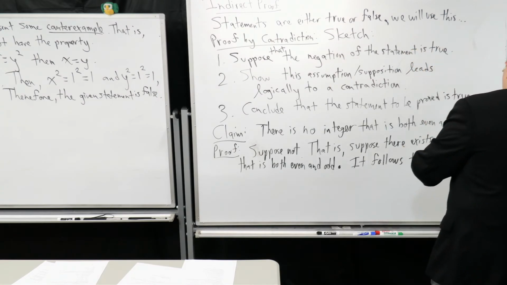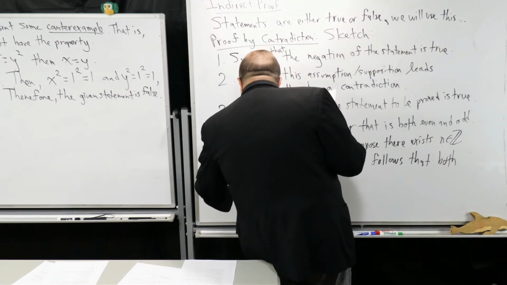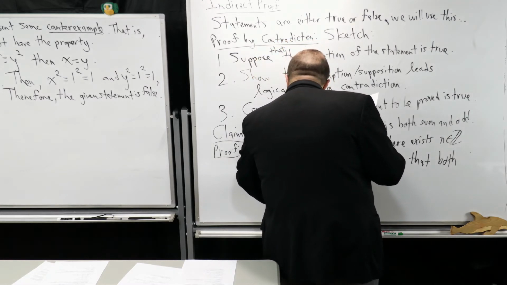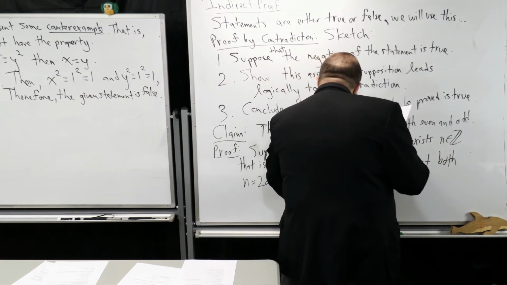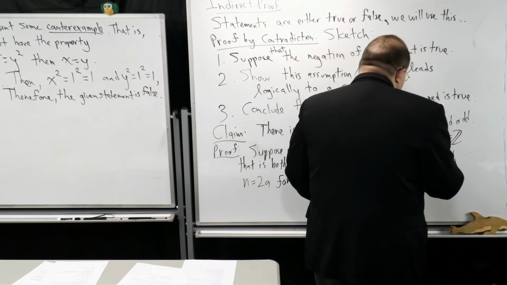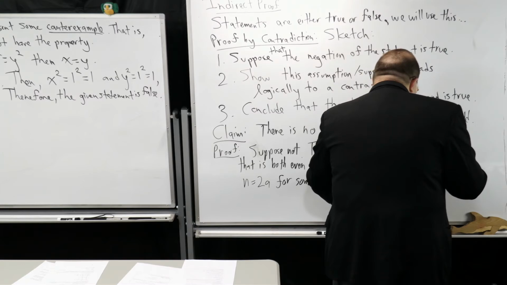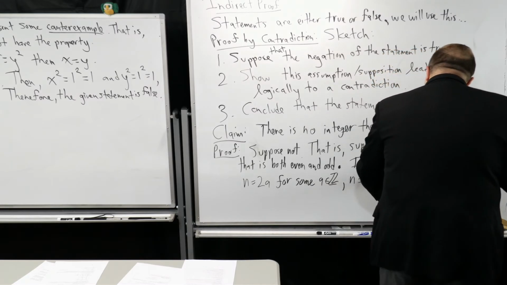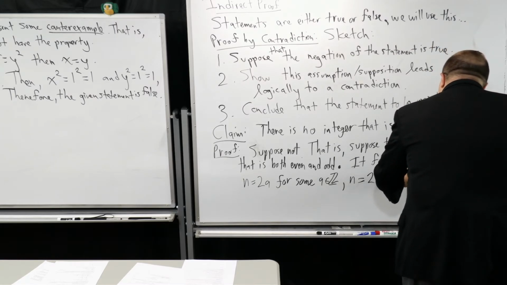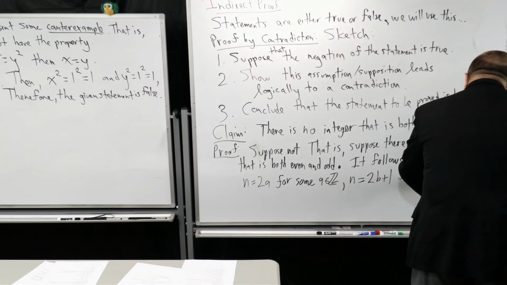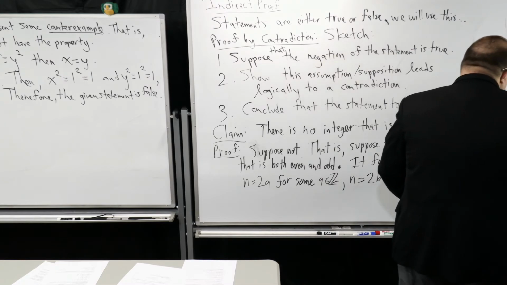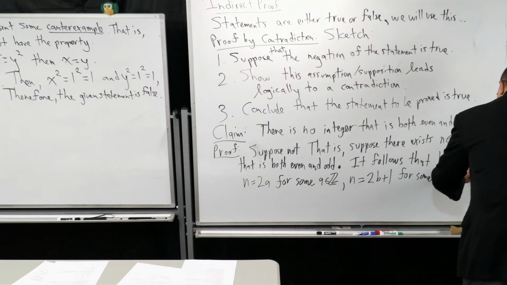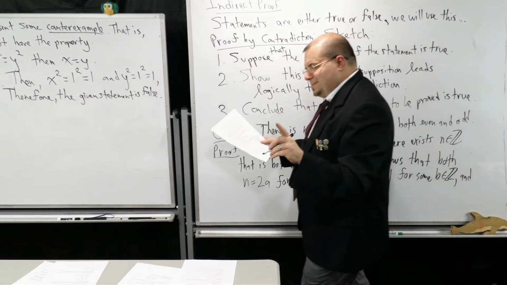So it follows that n is equal to 2a for some a, which is an integer, and n is equal to 2b plus 1 for some b, which is another integer, and the following.